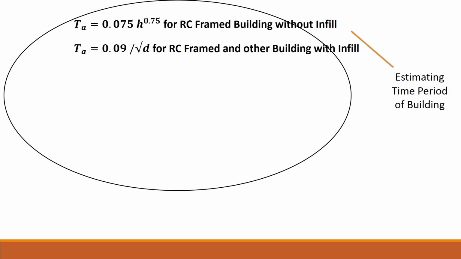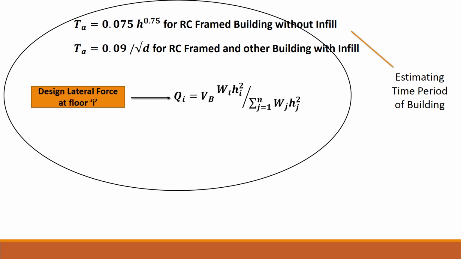Now, if we know the value of VB, we could determine the design lateral force acting at each floor i. That could be determined as Qi is equal to VB into Wi hi square by summation of j varying from 1 to n Wj hj square.